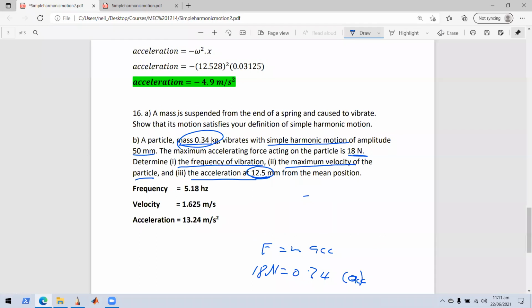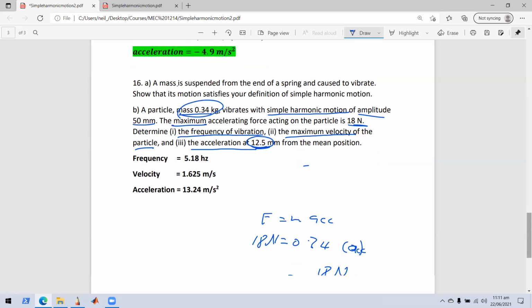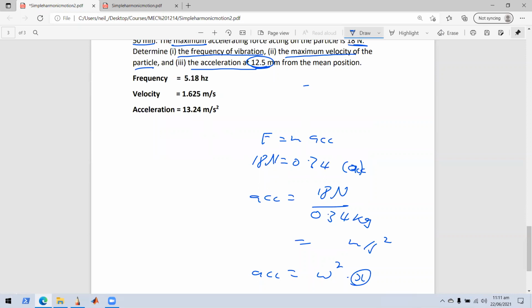Now, this force we put in, the force acting on the particle, is the maximum force. So for maximum force, distance needs to be maximum. So amplitude here is going to be 50 millimeters. So we can plug in the 50, then simplify and find omega. And from omega, you can go ahead and find frequency and time and everything else that you might need.